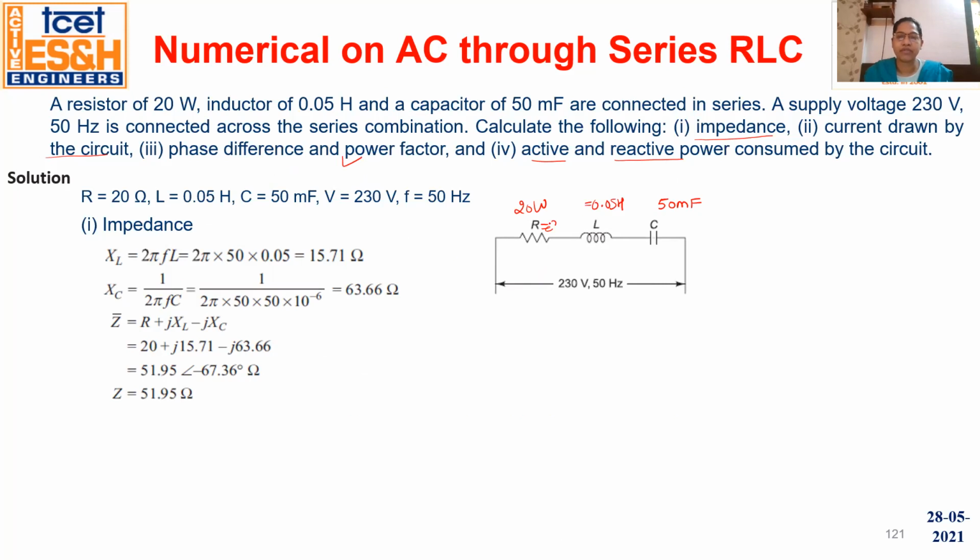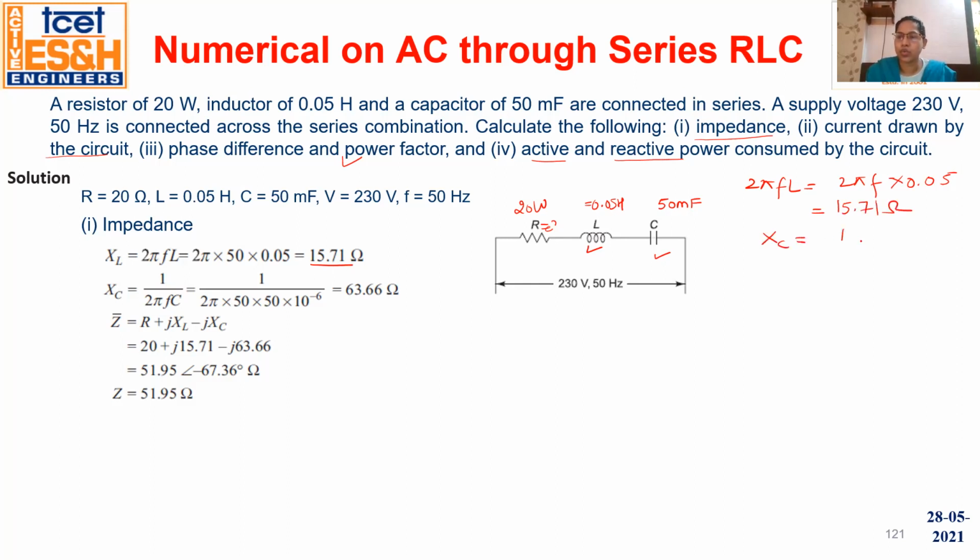Now, first of all, we have to calculate the impedance. We have the values of L and C. First, calculate XL equal to 2 pi f L, where f is 50 and L is 0.05. It will give 15.71 ohm.